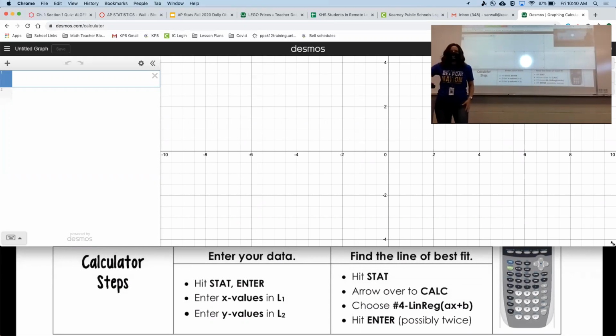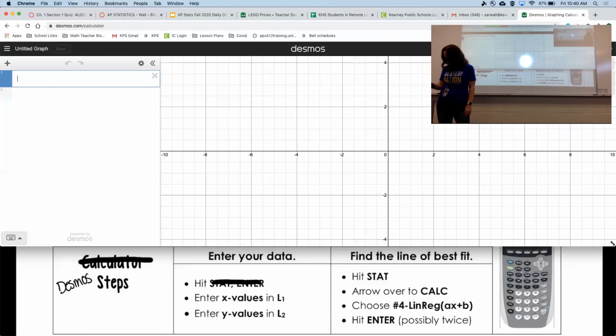So once you're at Desmos, our steps are as follows. I'm going to cross off calculator steps because they're not for our calculator, they are for Desmos. And once you're into your graphing calculator, you're going to click the little plus button.